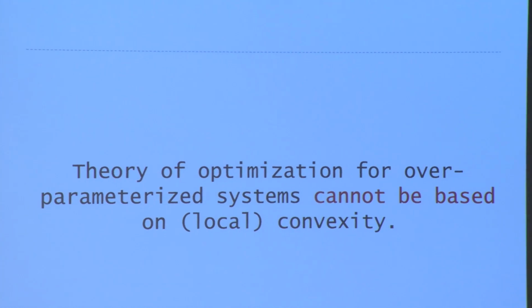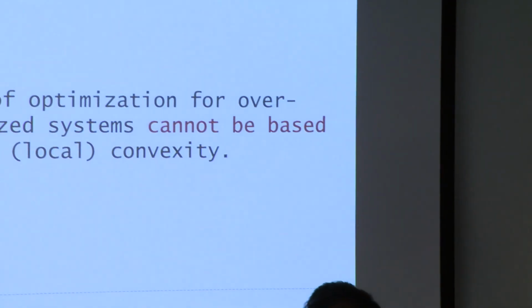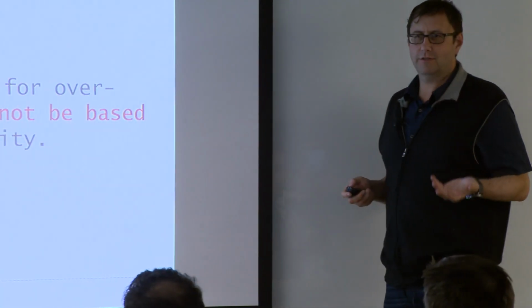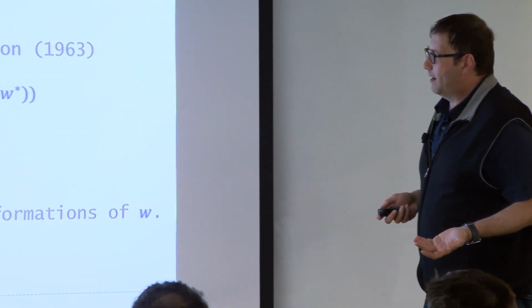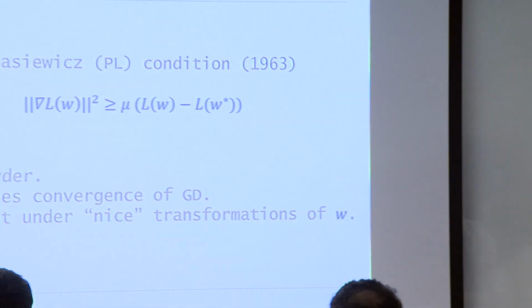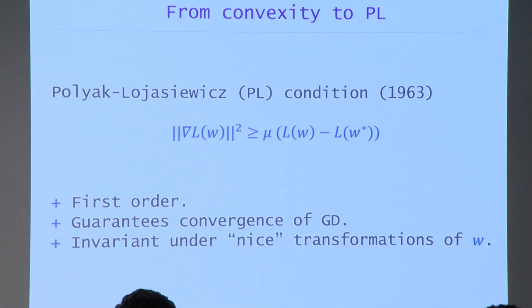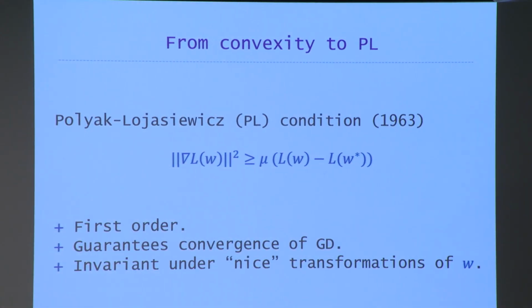So if the theory of optimization cannot be based on convexity, then what should it be based on? Actually, there is a beautiful condition by Polyak and Lojasiewicz, the PL condition, which probably many of you have seen. It's from 1963.